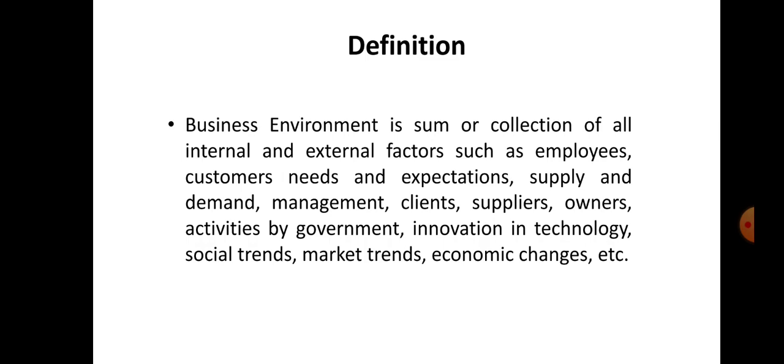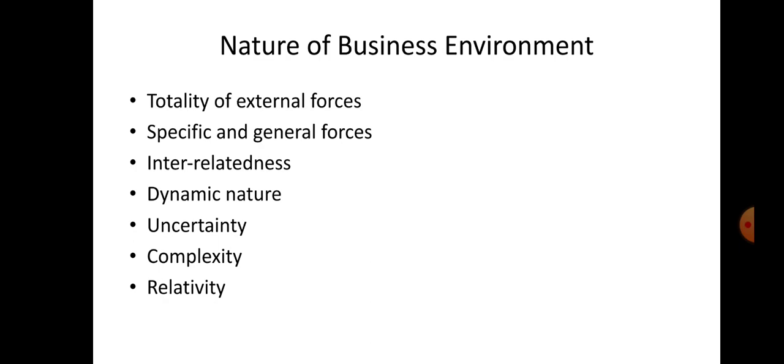The definition of this is, business environment is the sum or collection of all internal and external factors such as employees, customers' needs and expectations, supply and demand, management, clients, suppliers, owners, activities by government, innovation in technology, social trends, market trends, economic changes, etc. Then coming to the nature of business environment: totality of external forces, that is specific and general forces.